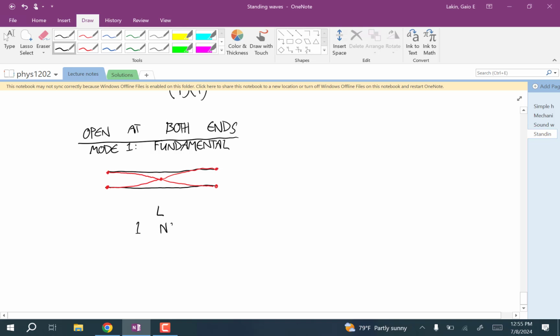We have one node. And in order to get a full cosine wavelength, this would have to be twice as long. You can imagine it like, it would have to be like that. And so the wavelength here is 2L.